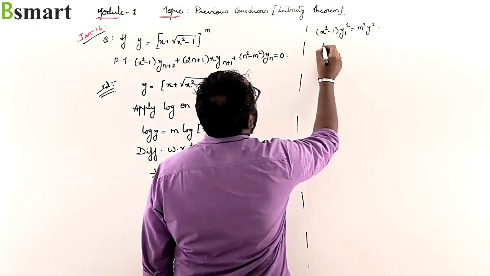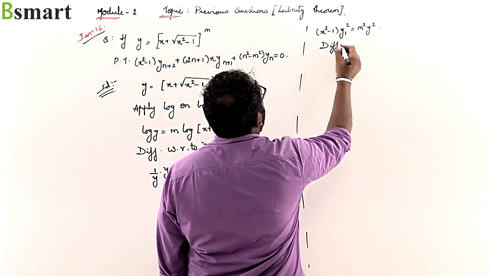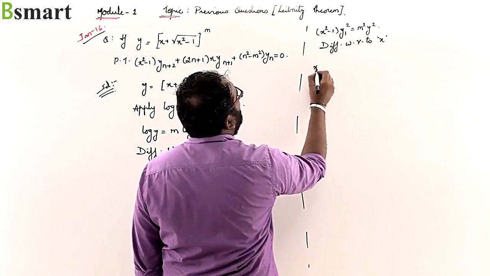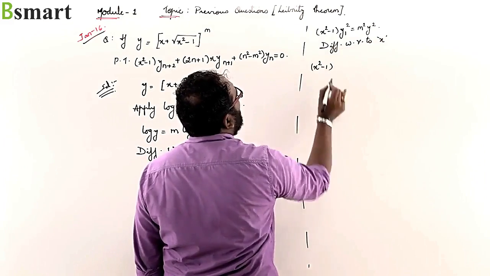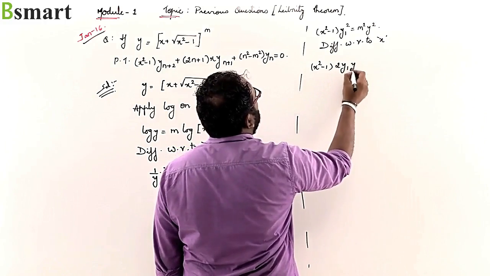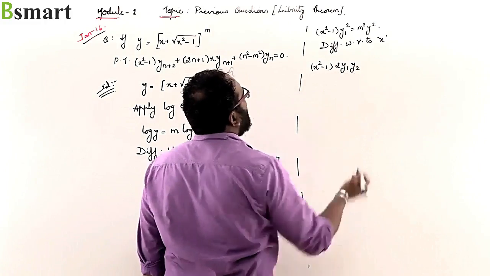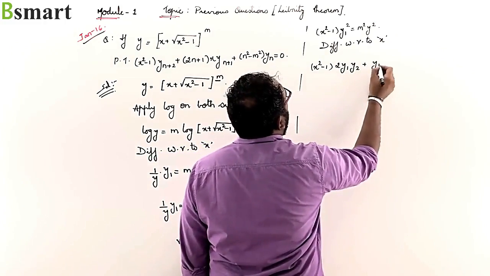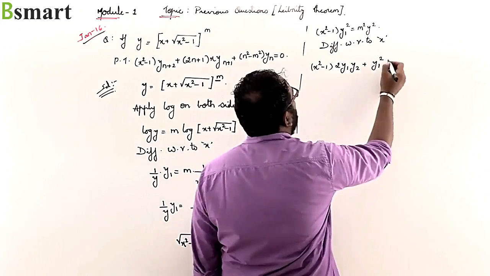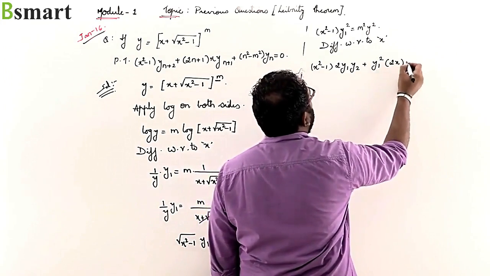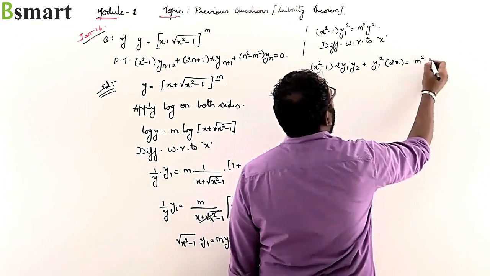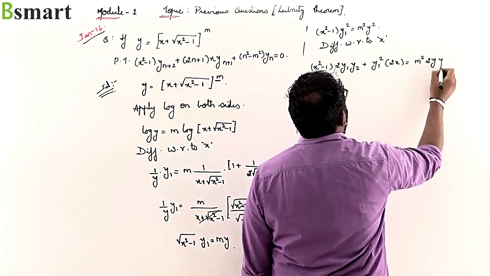So that will be x square minus 1 into derivative of y1 square, that is 2y1 y2, plus y1 square into derivative of x square minus 1, that is 2x, is equals to m square into derivative of y square, that is 2y y1.